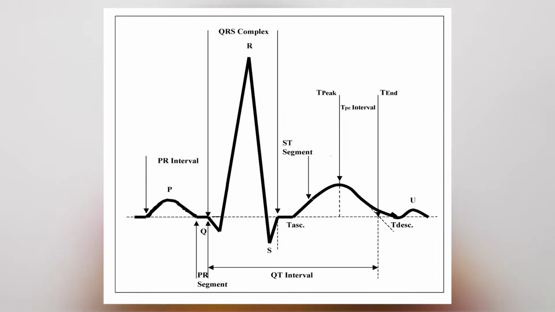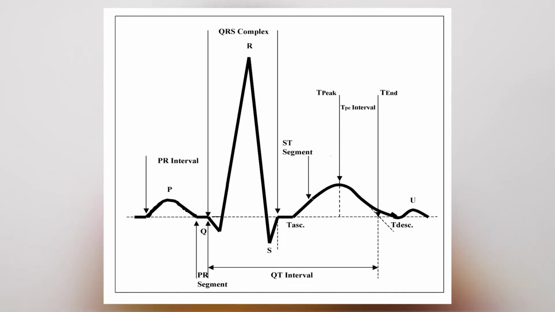Then again R wave, it is the second positive deflection that may occur during ventricular depolarization following the S wave. Then the next one is T wave.